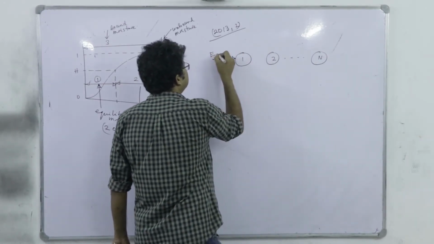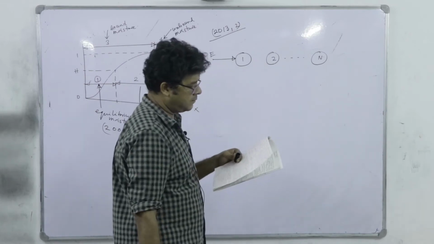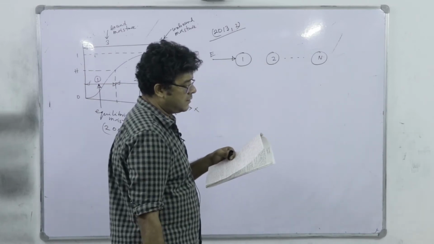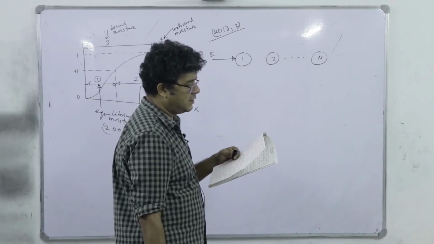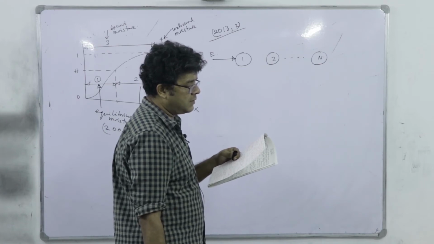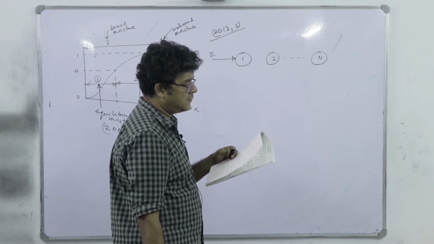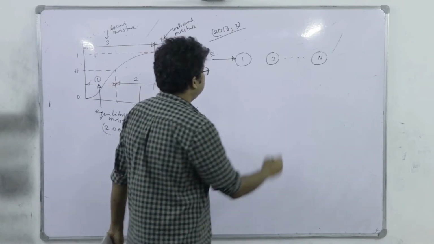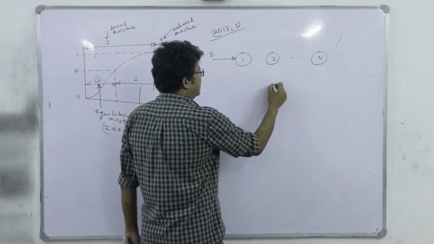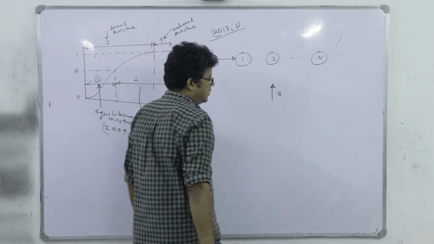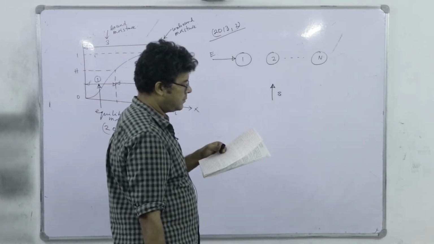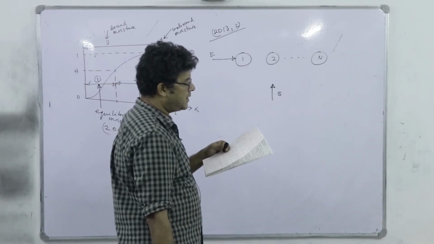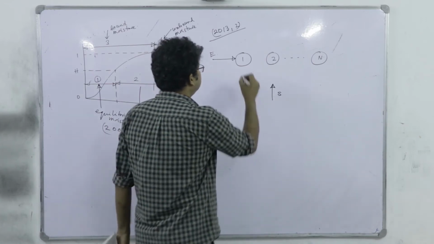The feed stream contains a solute which is to be recovered by a solvent having a total molar flow rate S. The solvent is divided equally between n stages.